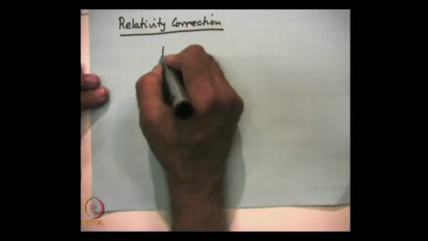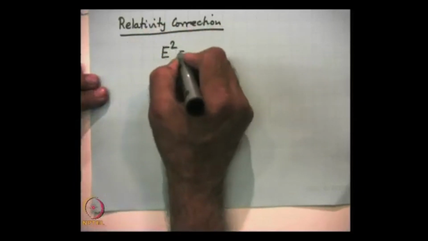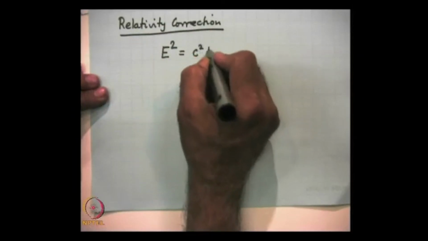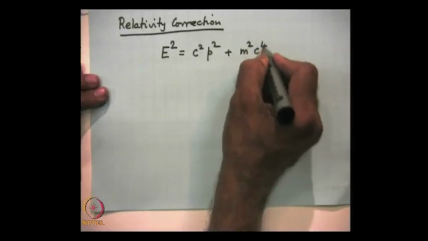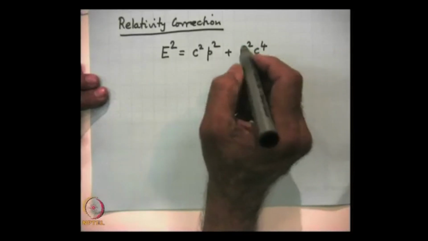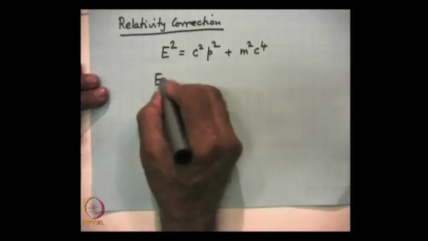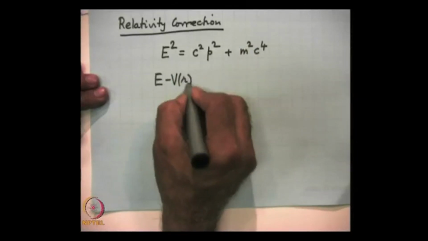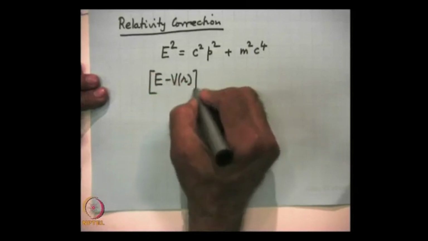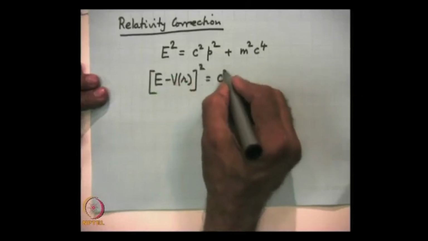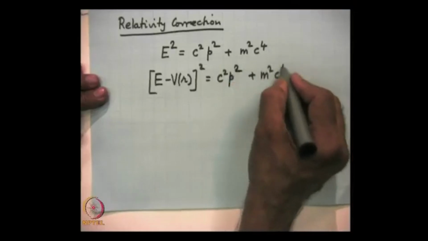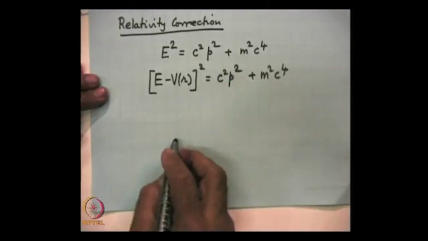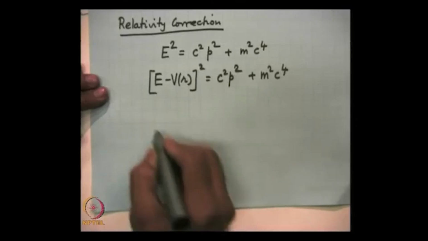You have Einstein's equation, E square is equal to c square P square plus m square c4, where m is the rest mass of the electron. In the presence of a potential energy, you will have E minus V of r whole square is equal to c square P square plus m square c4. So I write the corresponding relativistic Schrodinger equation.